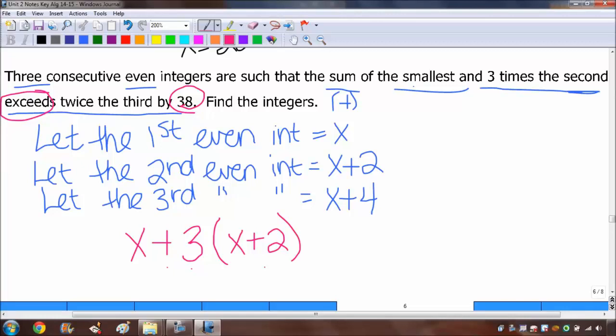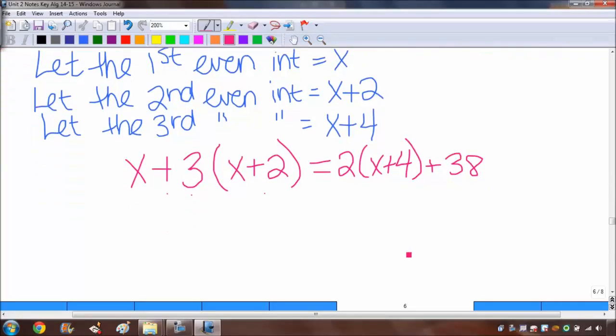So the sum of the smallest and 3 times the second is, which means I have to say equals, 38 more than, so I'm going to add 38 to something, twice the third. So I'm going to take 2 and multiply it by all of the third integer.